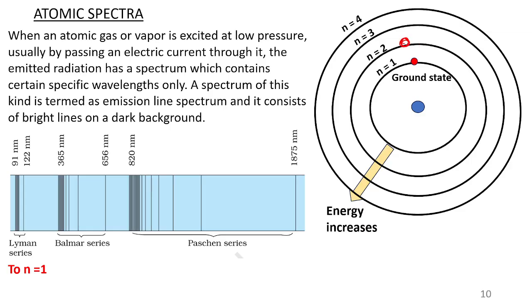The electron may be jumping from 2 to 1, or from 3 to 1, or from 4 to 1, like that. The electron is jumping to the ground state from some higher energy state. So we get different types of radiations.